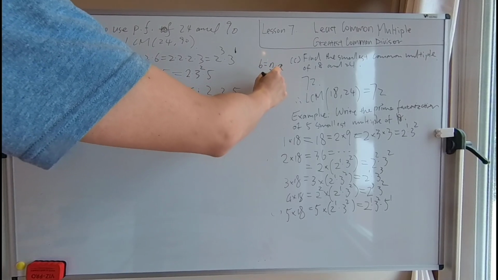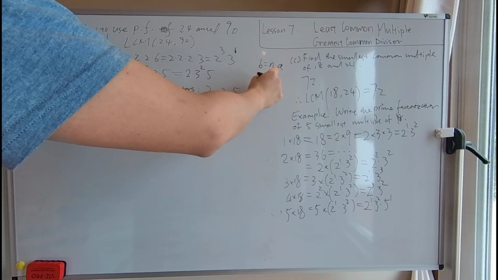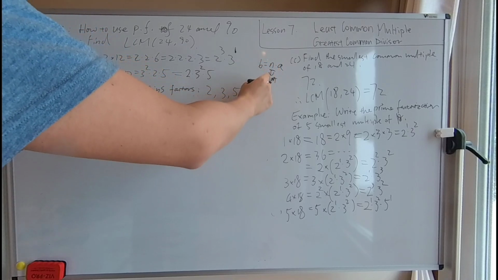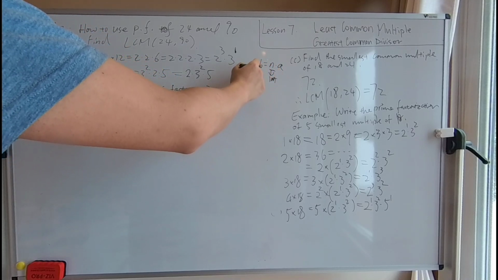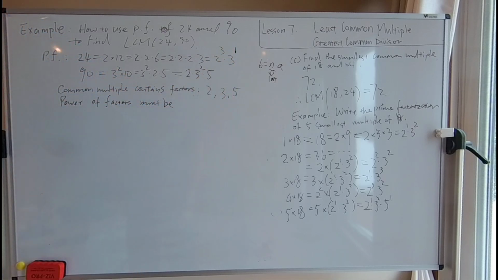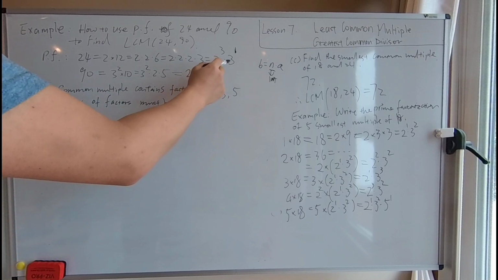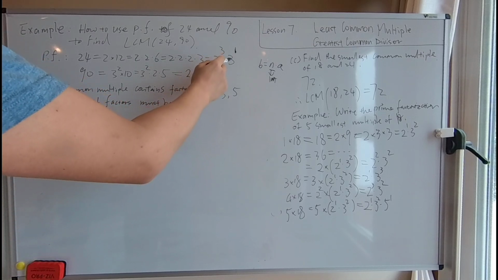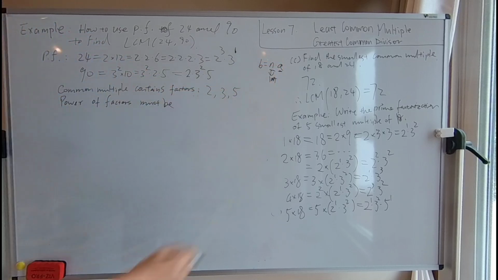So in order to guarantee this n is an integer, the power of the same factor should be at least equal to, or greater than, the power from number a.